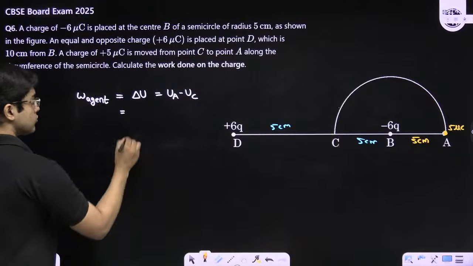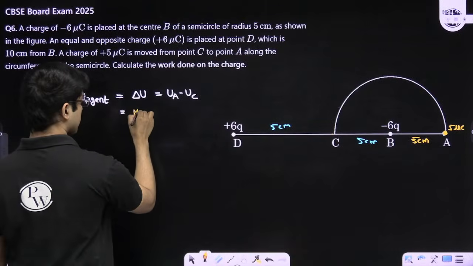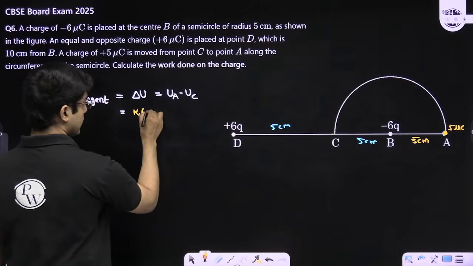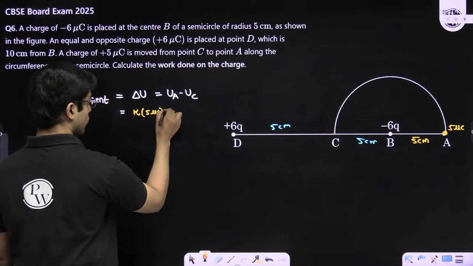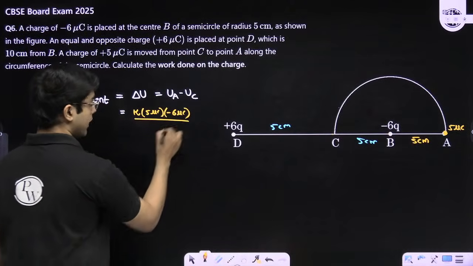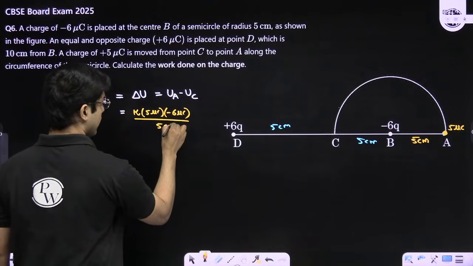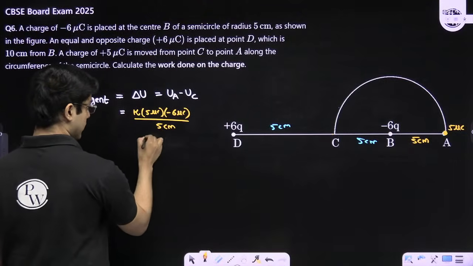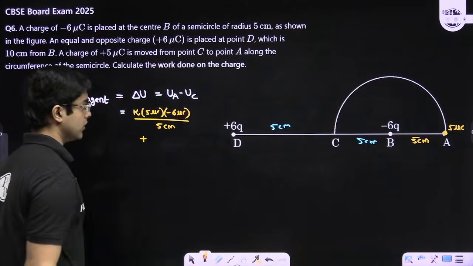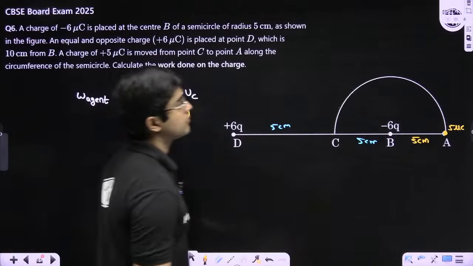So it will be K into 5 microcoulomb into minus 6 microcoulomb divided by the distance between the two charges, which is 5 centimeter. I'm not doing the calculations, but I'll mention it here.